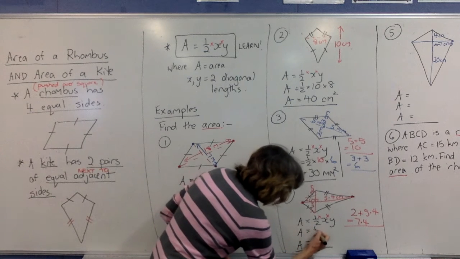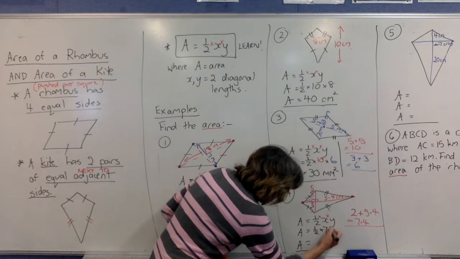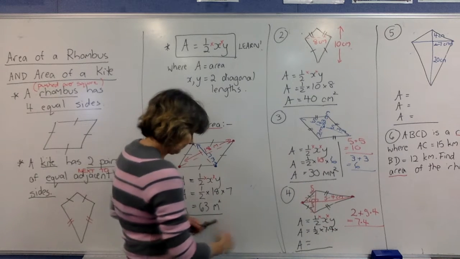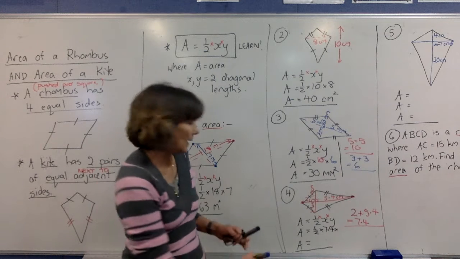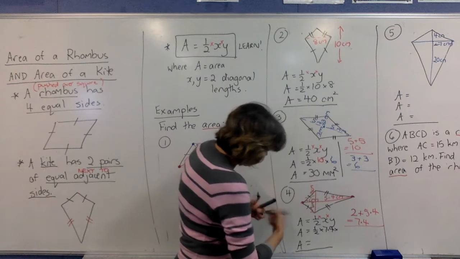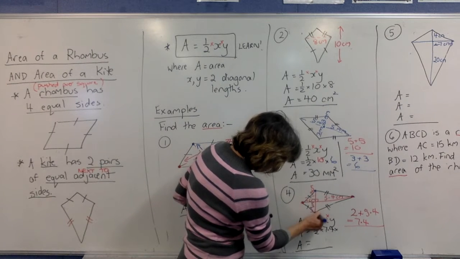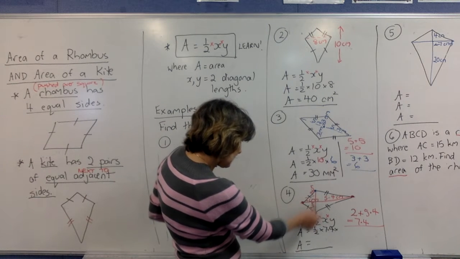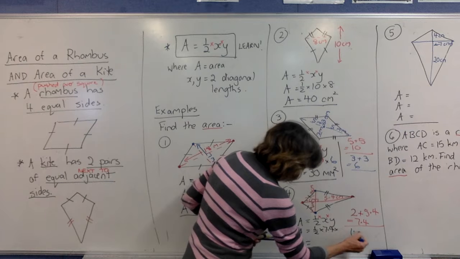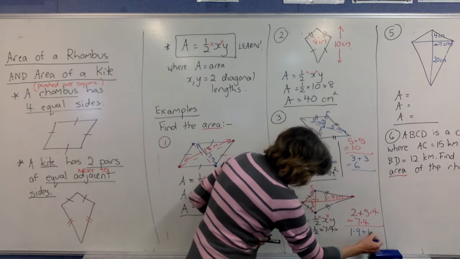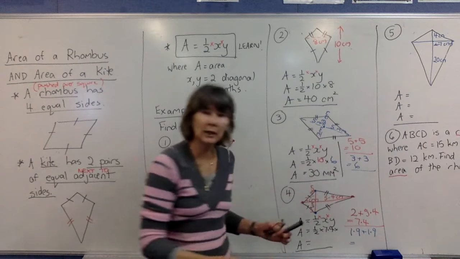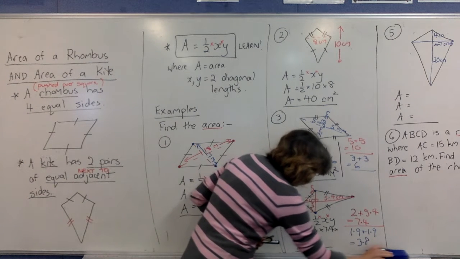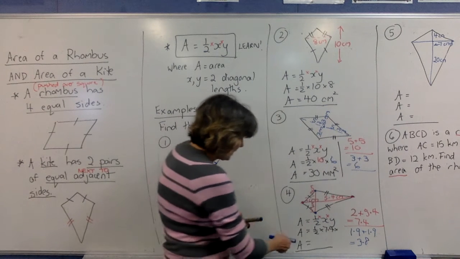So we're going to write a half times 7.4 times. Now the other one, if you're looking at this direction, from here to here, we've got 1.9 plus 1.9. And if you use your calculator to add those up, you're going to get 3.8. And we're going to put that number in here now.